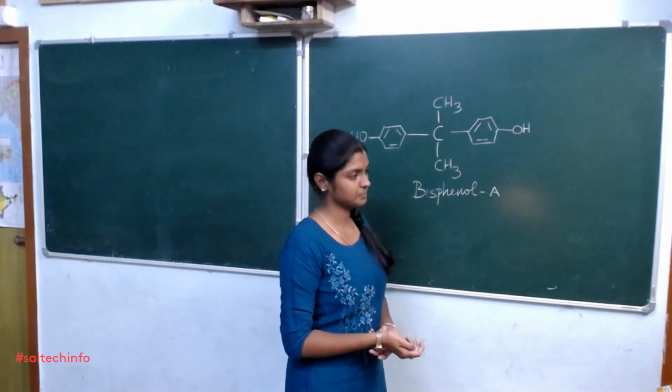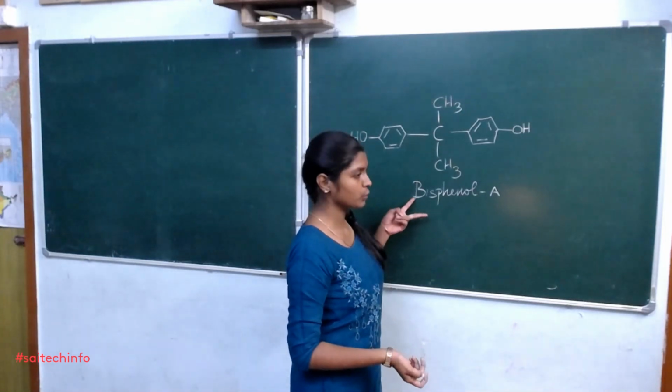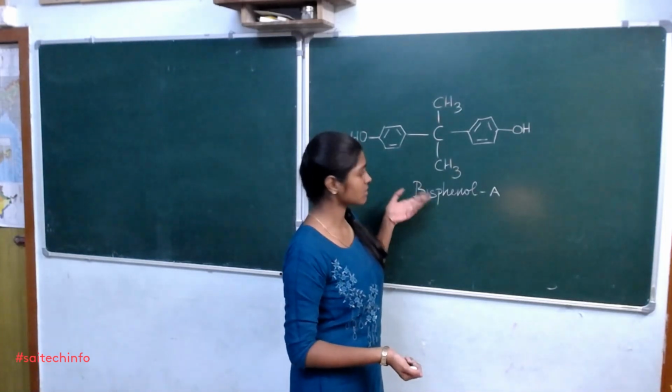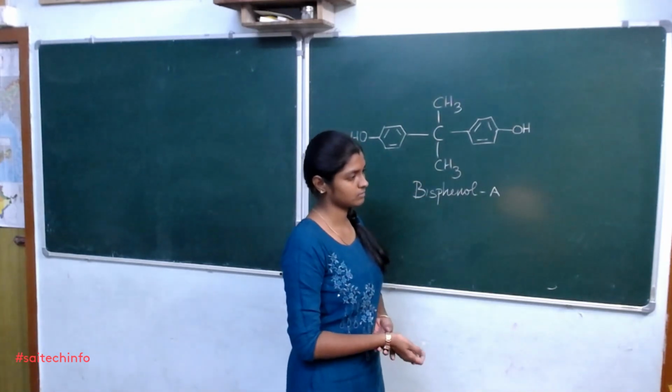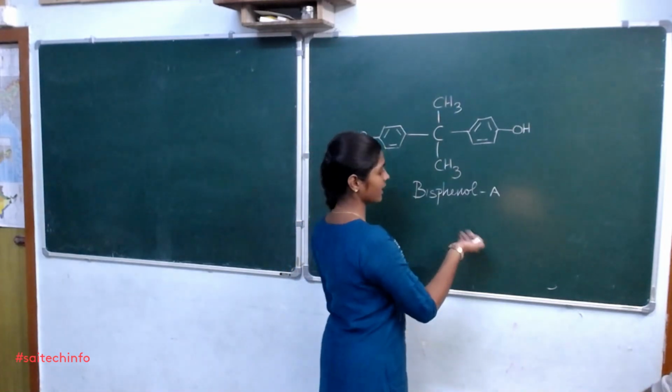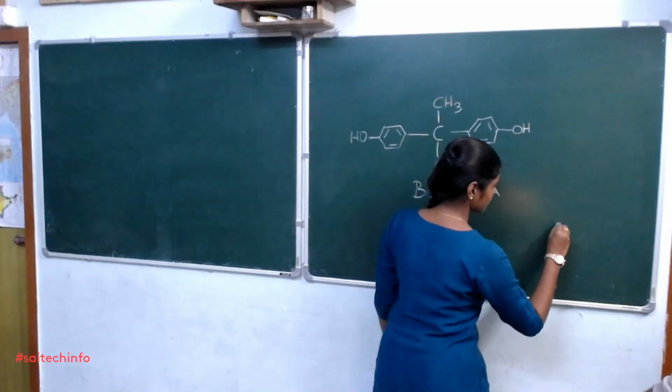Yes. And what is the meaning of this bis? Bis means 2, sir. 2 phenol groups are present in bisphenol A. Okay. So can you get me the tentative origin of this bisphenol? It is basically derived from the neopentane, sir. What is the structure of neopentane? I'll draw it for you.